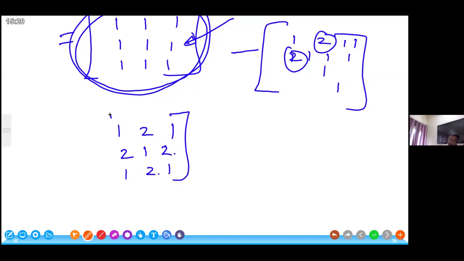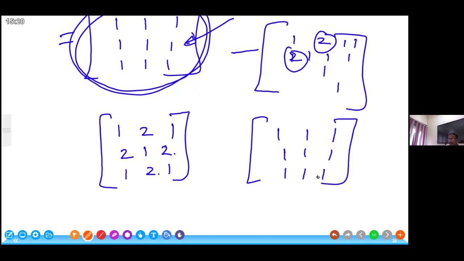So look at this matrix and the matrix here. This matrix has only one value for every element.